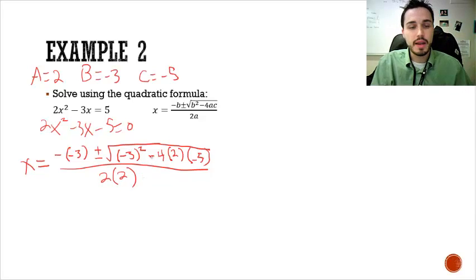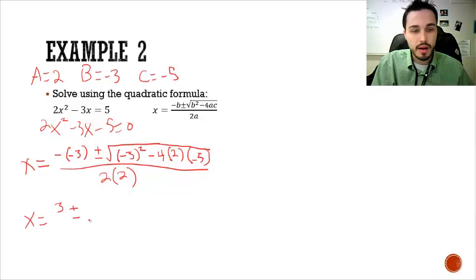Go in, start simplifying everything. X equals, the double negative is a positive 3, plus or minus the square root of negative 3 squared is 9. I have a minus sign here and a negative sign here, which means this is going to change to a plus. 4 times 2 is 8. 8 times 5 is 40.